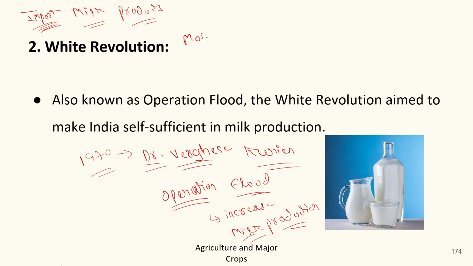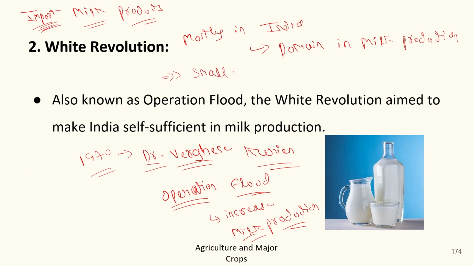Mostly people in India who have their domain in milk production were on a small scale. Second, mostly they domesticated a buffalo. Got it?